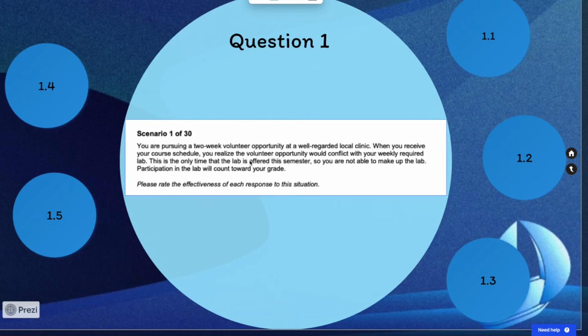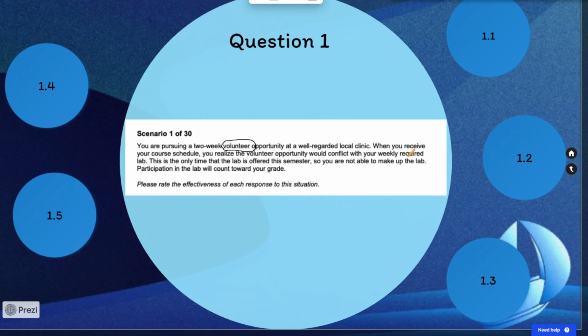Please rate the effectiveness. Okay, so let's first critically read the question. When I'm reading this question, one of the first things I'm realizing is that our volunteer opportunity is indeed a volunteer opportunity. We're not committed to it yet, and it's still just a volunteer opportunity.